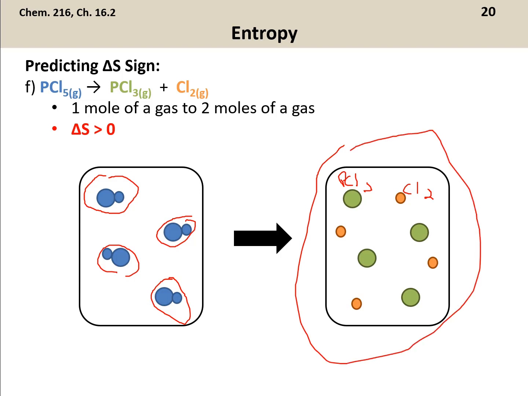The reason being is that this has just more moles of gas. So my delta S would be positive. I would have high S at the end, and low S at the beginning, right? So my S is increasing. Delta S is positive. Okay?